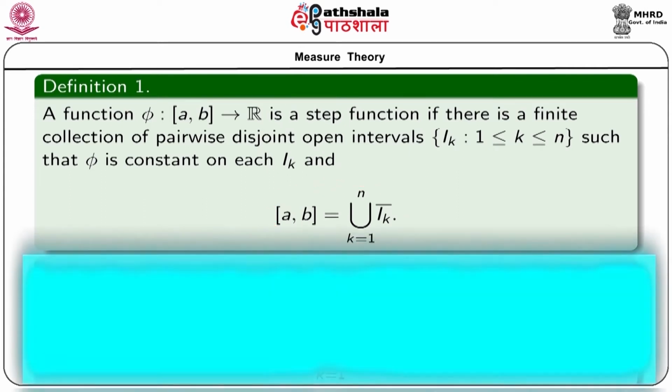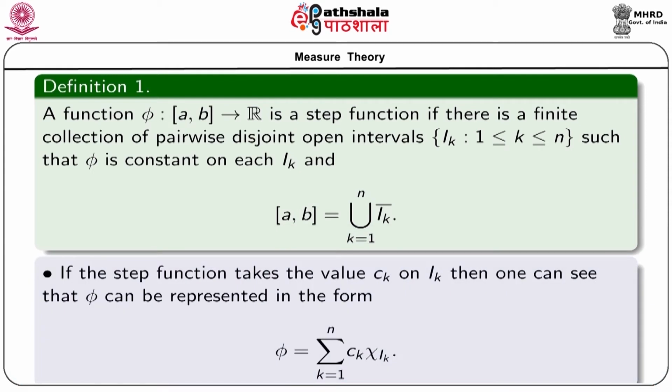If the step function takes the value c_k on I_k, then one can see that phi can be represented in the form phi equals the sum from k equals 1 to n of c_k chi_{I_k}, that is, the characteristic function of I_k.